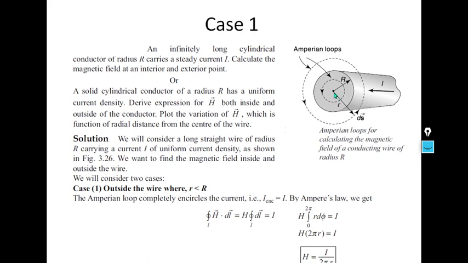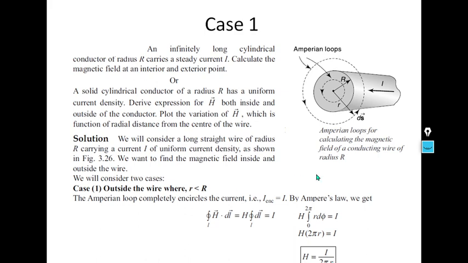Here r is the distance from the current flowing through this conductor to the point where we want to find the magnetic field strength, and the conductor radius is capital R. So here we are taking r greater than R, and H is equal to I by 2 pi r.